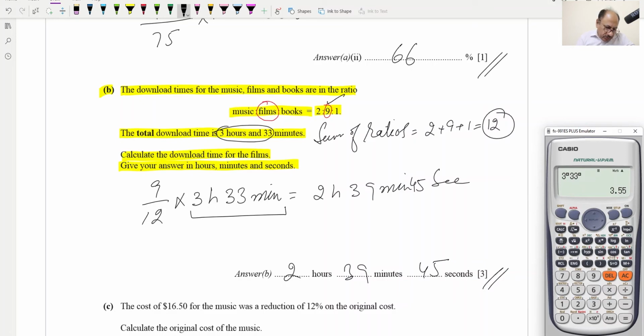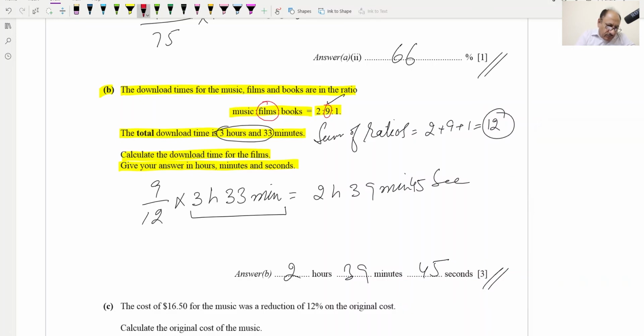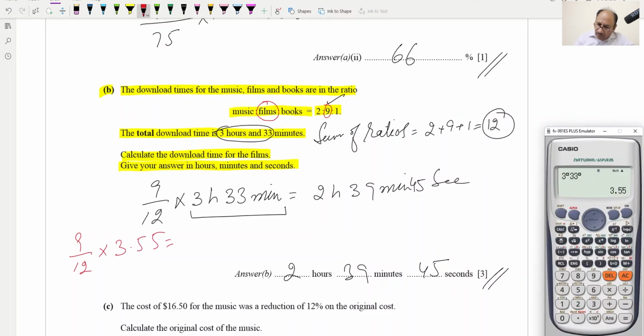So the alternate is 9 over 12 multiplied by 3.55, which is equal to 2 hours 39 minutes 45 seconds.